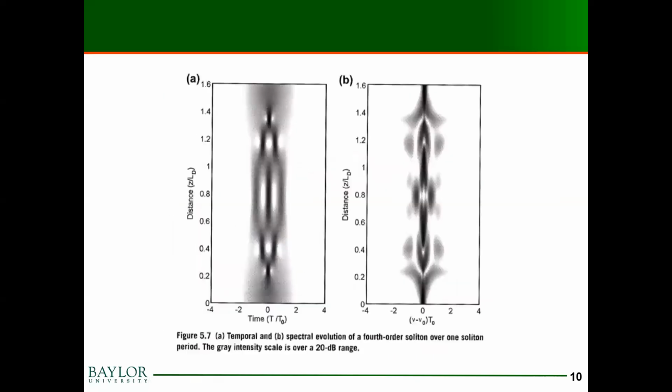Then we can see the contour plot. The dark represents the high amplitude. So you can see very high power here, and then it breaks into 2 pulses, then 3 pulses, and comes back to the original one. This is the corresponding evolution in the spectral domain.